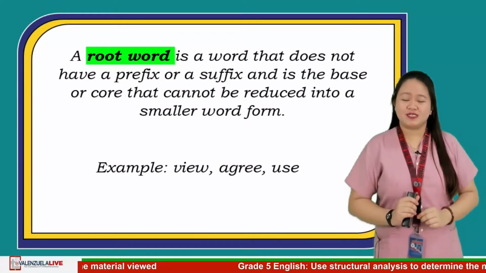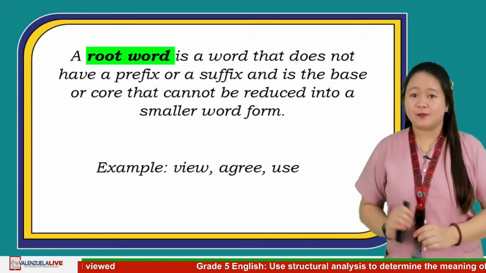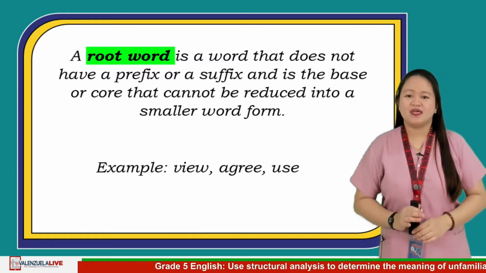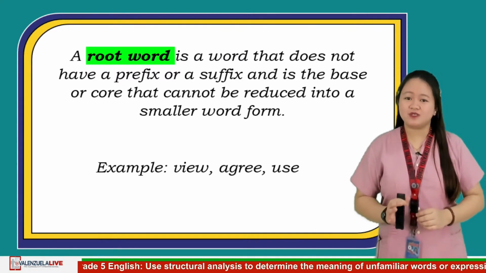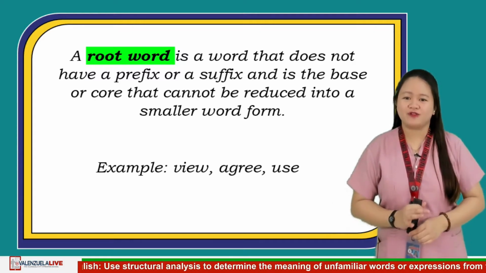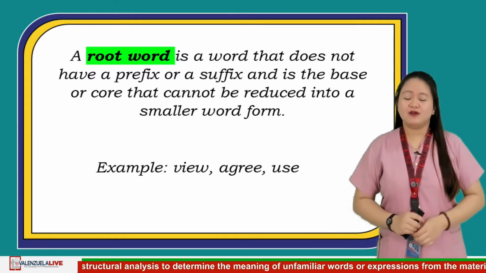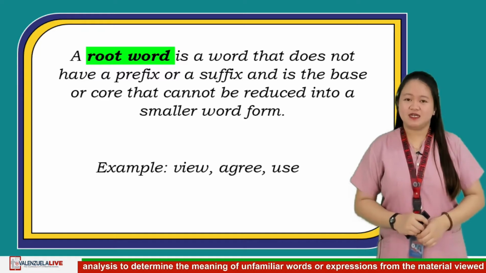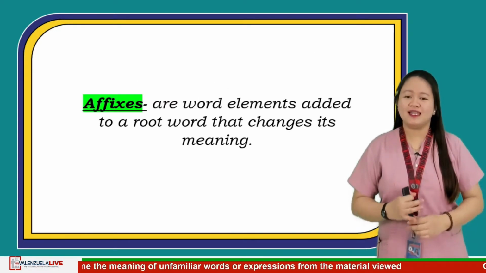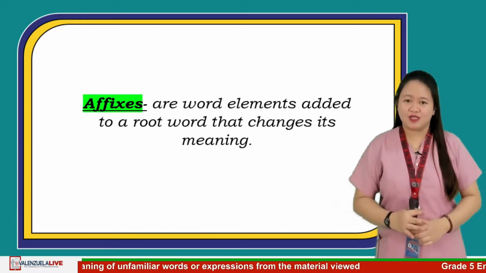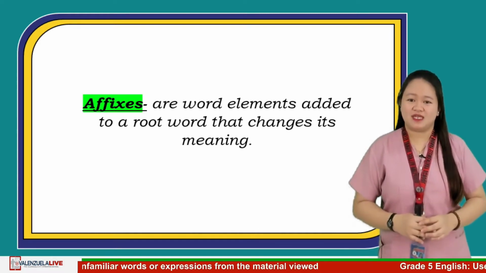A root word is a word that does not have a prefix or a suffix, and it is the base or the core that cannot be reduced into a smaller word form. Examples: view, agree, use.